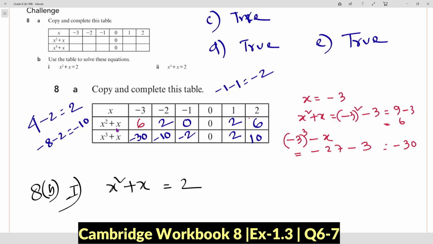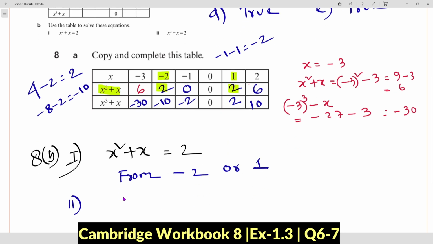From the table, we can write, here is x square plus x. So 2, it means from -2. Again 2, here is from 1. So we can write -2 or 1.